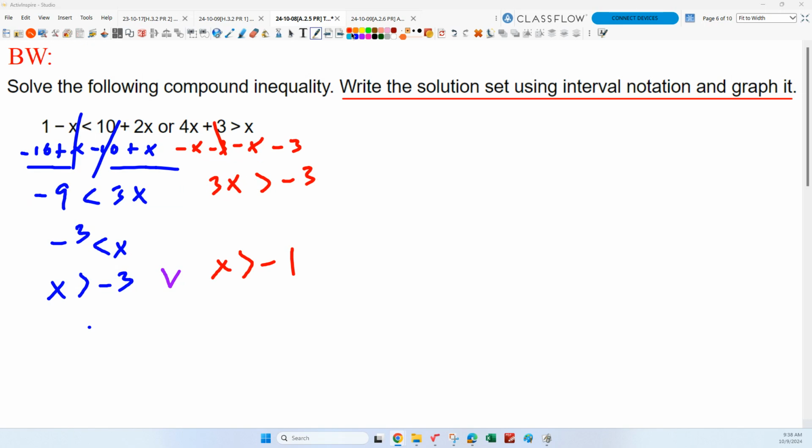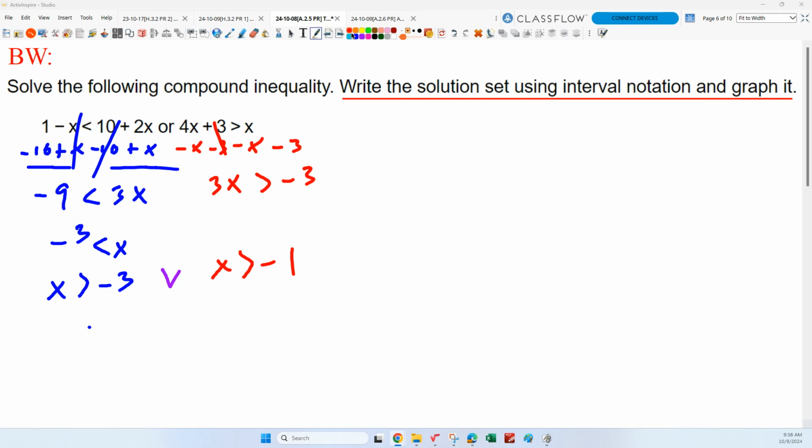A union means that the graph that we're going to keep is going to be every place that is either blue or red when I graph those things. Every place, all the x values on the number line that make either one of these true would be part of our solution because it's a union. It's all encompassing, right? Intersection would be more exclusive. That's only where the two graphs intersect.